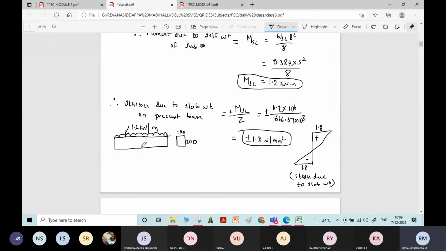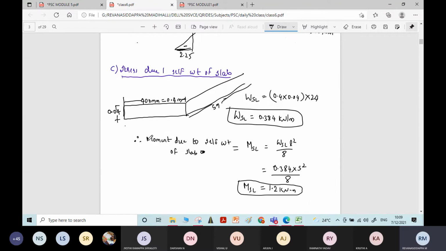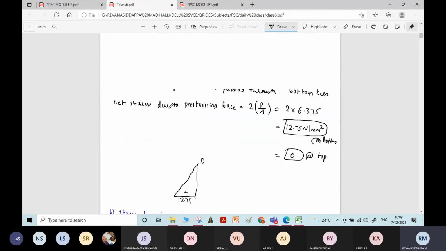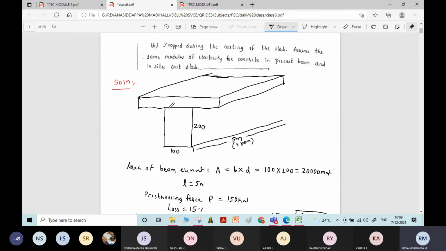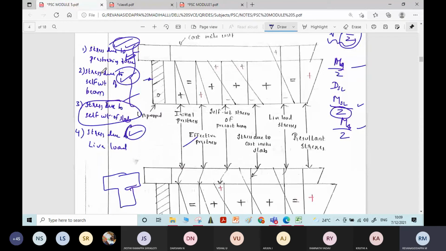Okay. Now C is over. 3 stresses we have determined. The last one is which one? Stress due to live load. Stress due to the live load, that we will find now.